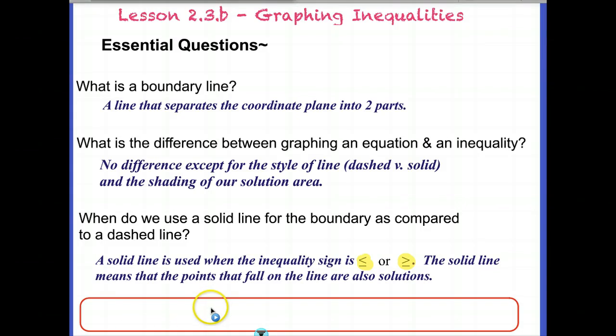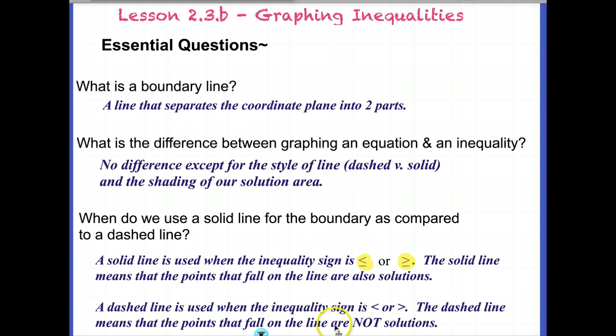Now let's compare that to a dashed line. A dashed line is used when the inequality sign is less than or greater than. There is no equal underneath these.